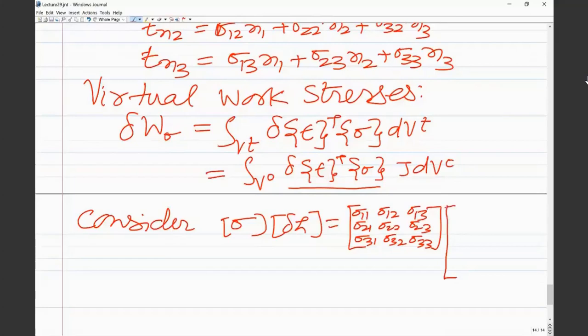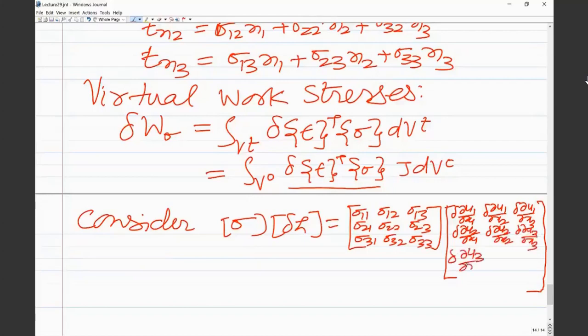So you can write now this same thing what we have written over here. Now if I consider this multiplication sigma into delta H, and delta H is delta of del U1 upon del X1, delta of del U1 upon del X2, delta of del U1 upon del X3, and then delta of del U2 upon del X1, del X2, del X3, then delta of del U3 upon del X1, del X2, del X3.